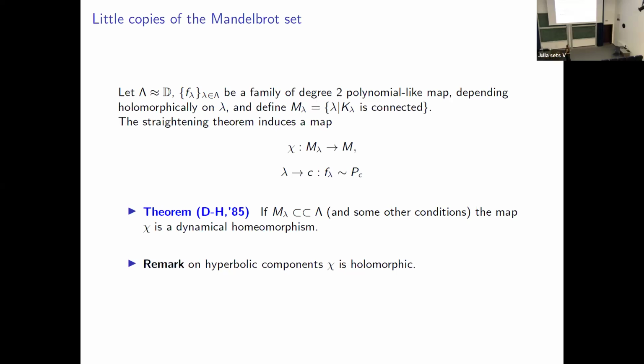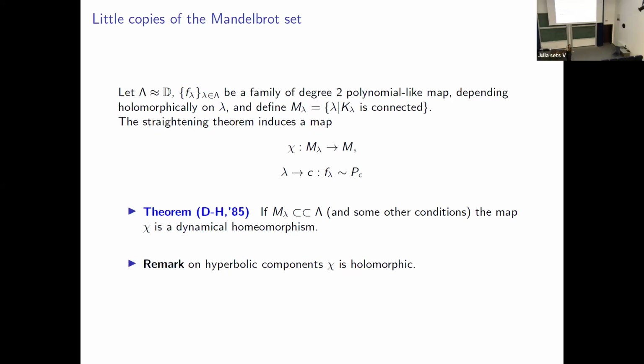And Douady and Hubbard, in that paper on polynomial-like maps, also proved that under very reasonable conditions, among which the connectedness locus of the family being compactly contained in my parameter set, this map chi is a dynamical homeomorphism.